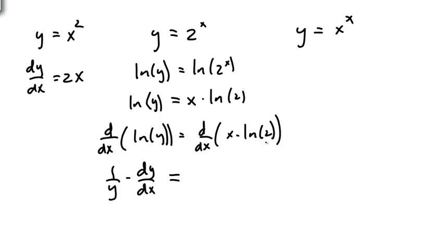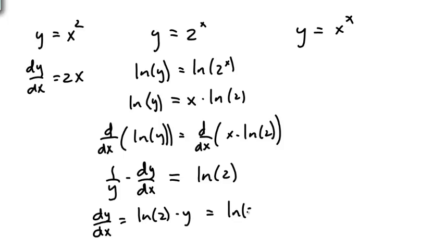The derivative of natural log of 2 times x is natural log of 2. And so what we get is dy/dx is natural log of 2 times y, if you cross multiply the y up, and the y, as we said, was 2 to the x, so it is natural log of 2 times 2 to the x.